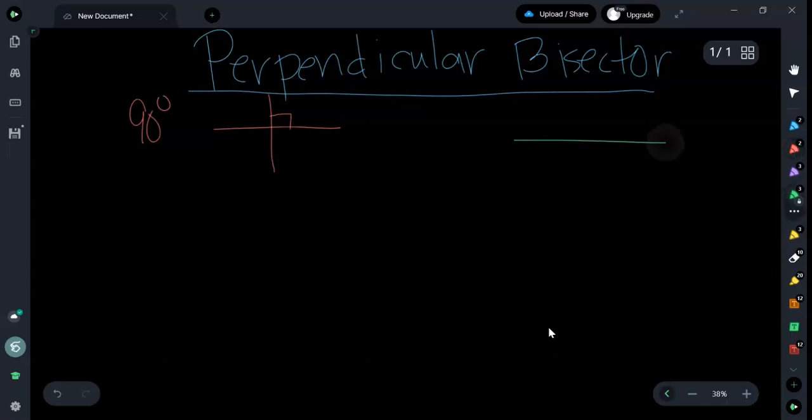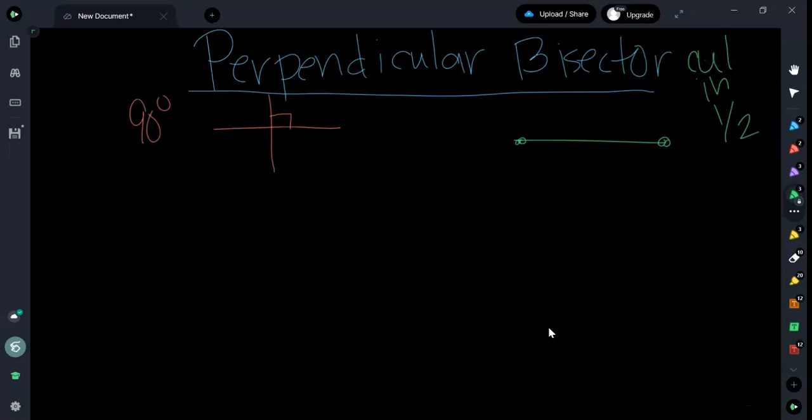So if I've got a segment, and the reason I say segment is because if we're going to bisect something, we're basically going to be cutting it in half. If we have a line or a ray or anything else that's infinite, we can't take half of infinity. So the only measurable object we can really bisect besides an angle is a segment for our purposes in this class.